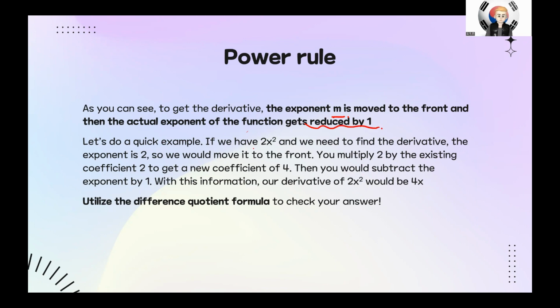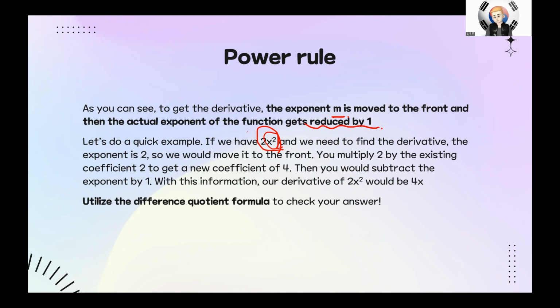Let's show a quick example. If we have 2x^2 and we need to find the derivative, the exponent is 2, so we move it to the front. It becomes 4x^2. But if you subtract 1 from the exponent 2, then it becomes 4x.